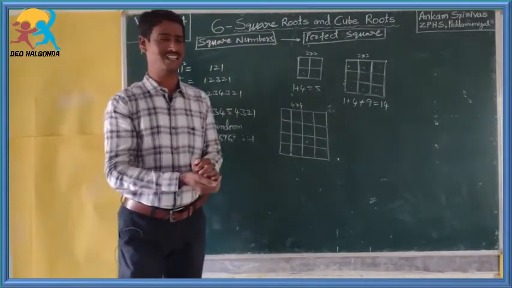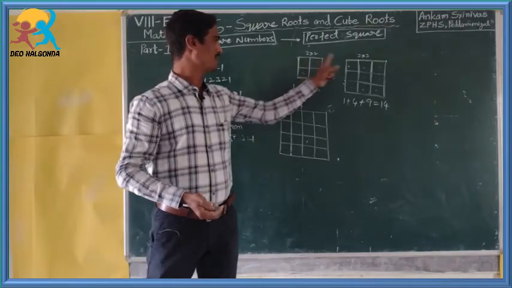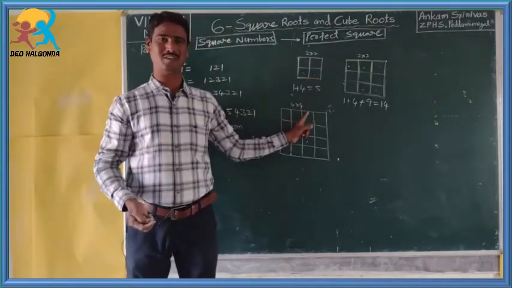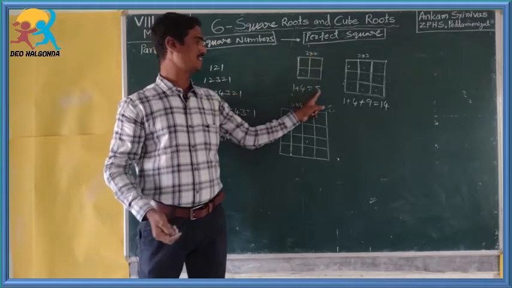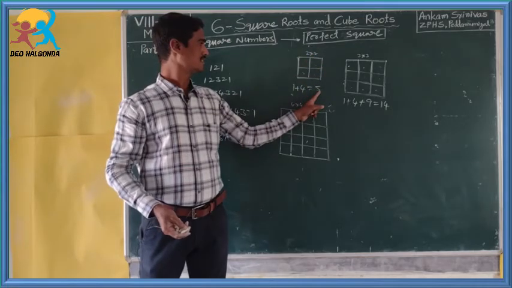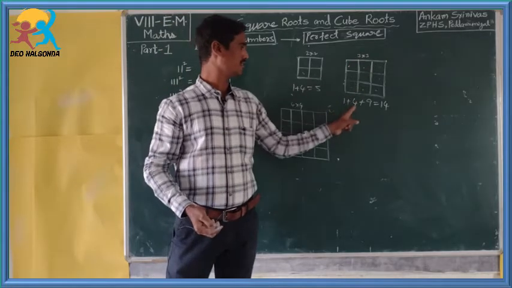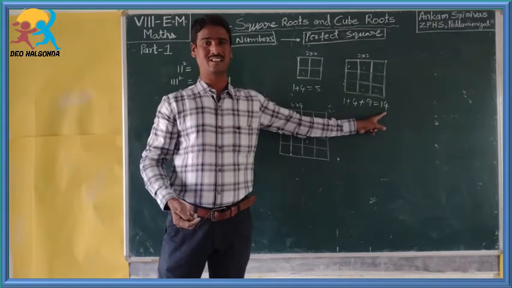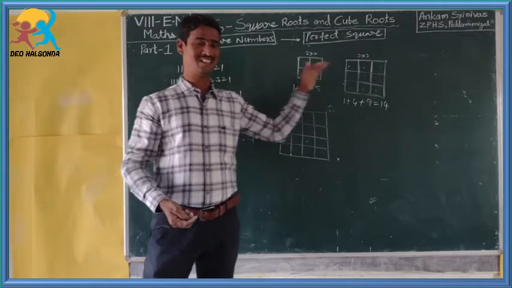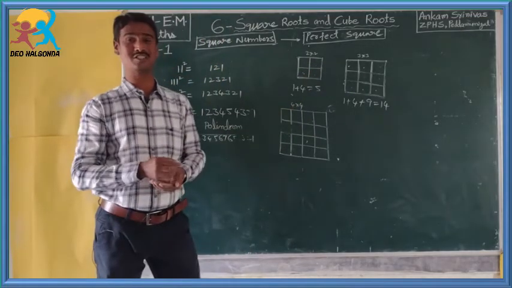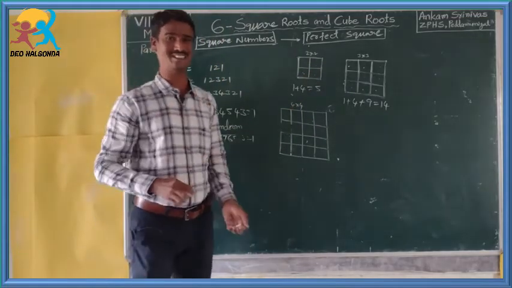In 2 by 2 we got 5, and here in 3 by 3 we got 14. Yes or no? Then in 4 by 4, how many squares will we get? Let's you check.